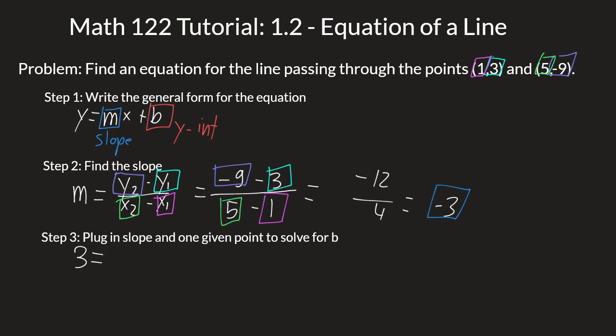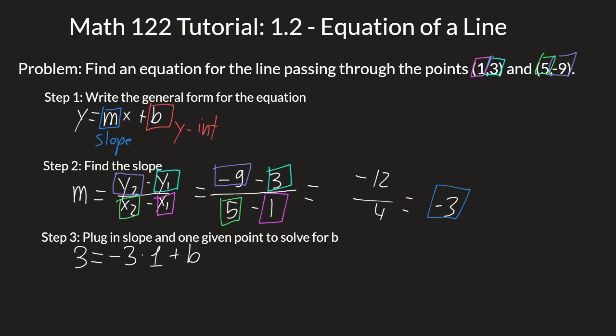And then that's going to be equal to, next up is m, the slope. And we know that this slope is equal to negative 3. Then next up is the value of x, so we're plugging in 1. So that's times 1, plus now our b over here, which is what we're trying to solve for.